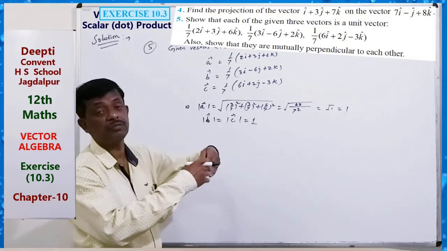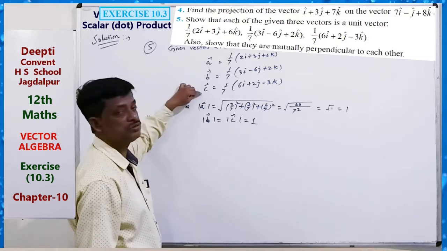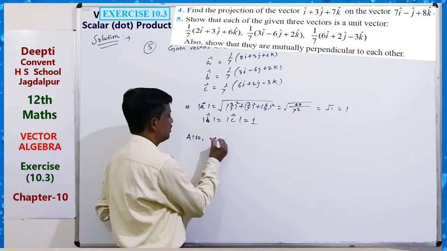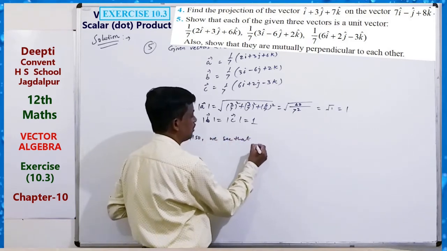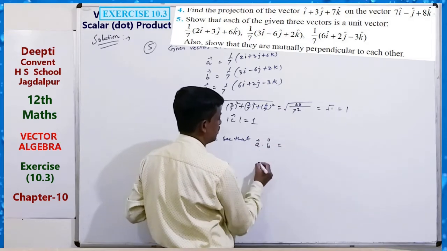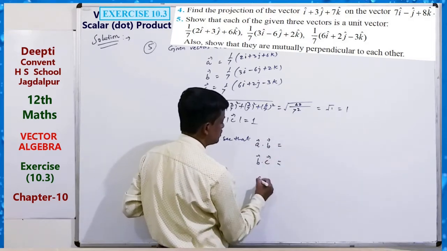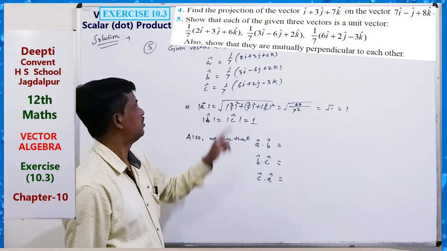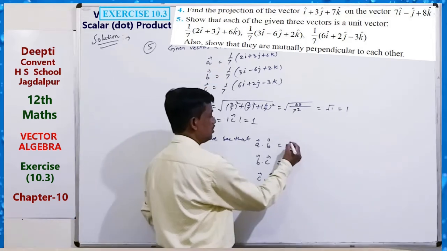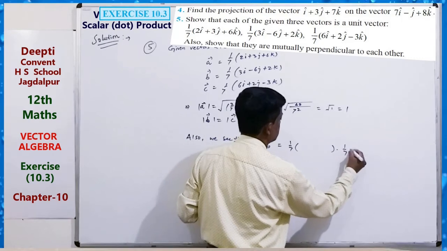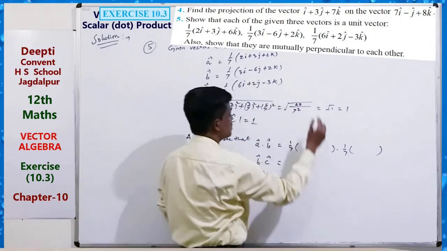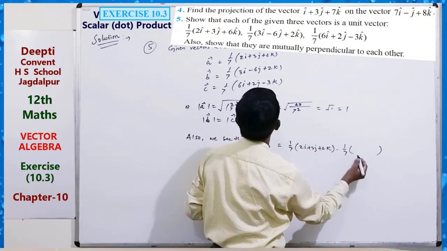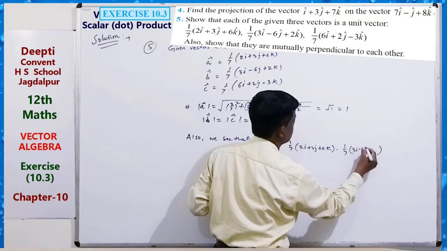For mutually perpendicular, we need A perpendicular to B, B perpendicular to C, and A perpendicular to C. So we also see that A dot B, B dot C, and C dot A are all 0. Taking A dot B: 1 by 7 times 1 by 7, the dot product of 2i plus 3j plus 6k and 3i minus 6j plus 2k.